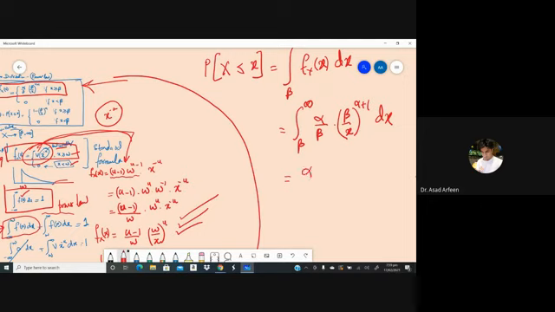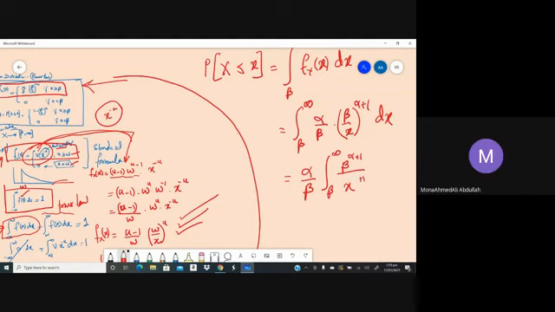This is alpha over beta. Then beta over x. I think I need to be more clear. Sir, we should extract beta to the power alpha plus 1, distribute. You mean this? Yeah.